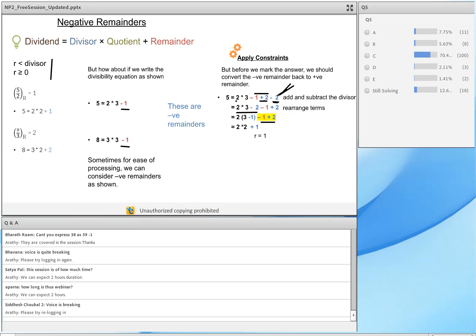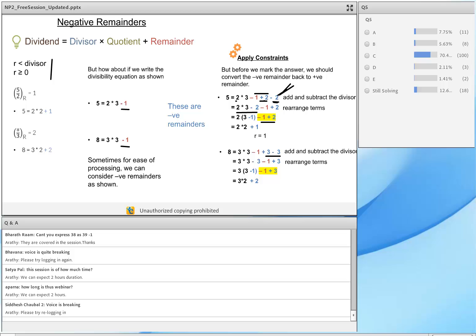Let's do the same thing with 8, where we add and subtract the divisor. Here you can really see we've added 0. Why? Because we've added plus 3 and subtracted 3 from it. Again, we rearrange the terms and you get 3 times 3 minus 3, and then minus 1 plus 3, which is plus 2, which was our remainder.